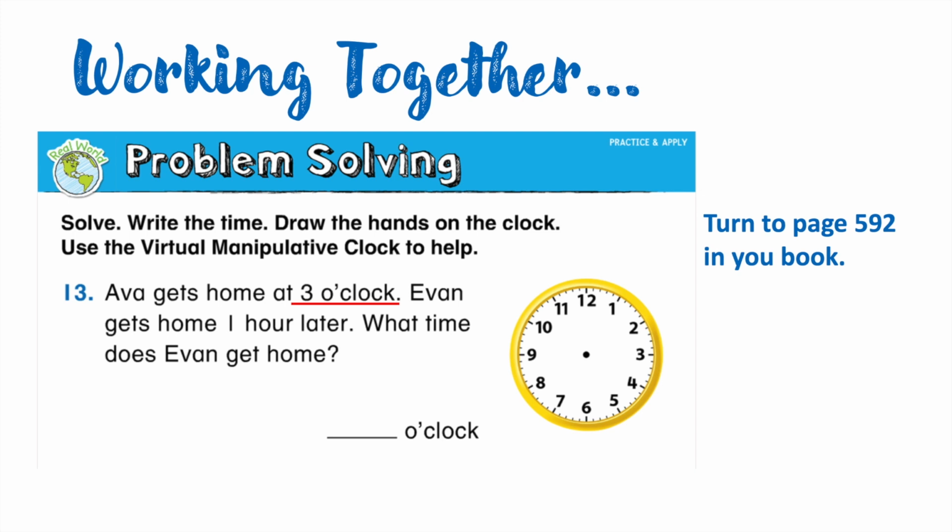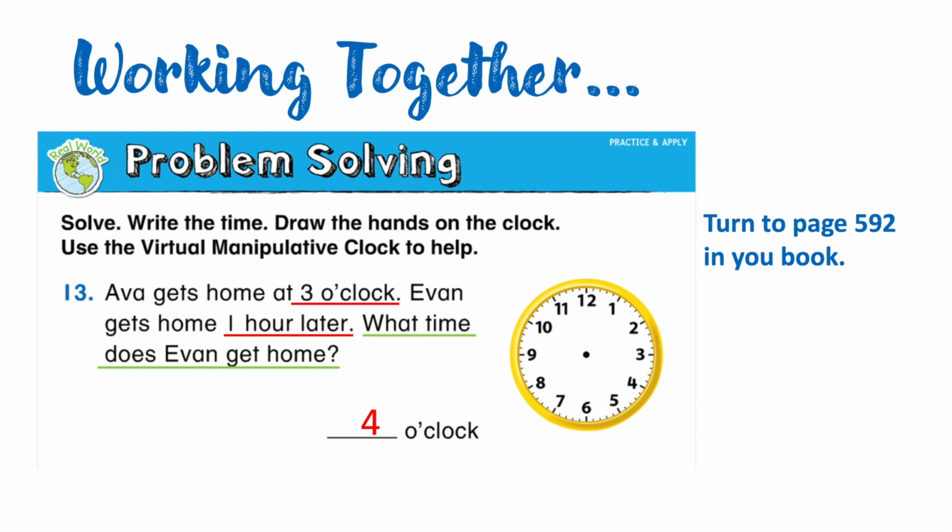We know that Evan gets home 1 hour later. Now the question is, what time does Evan get home? So I'm thinking 3 o'clock plus 1 more hour. So I'm thinking 3 plus 1 equals 4. So Evan gets home at 4 o'clock.